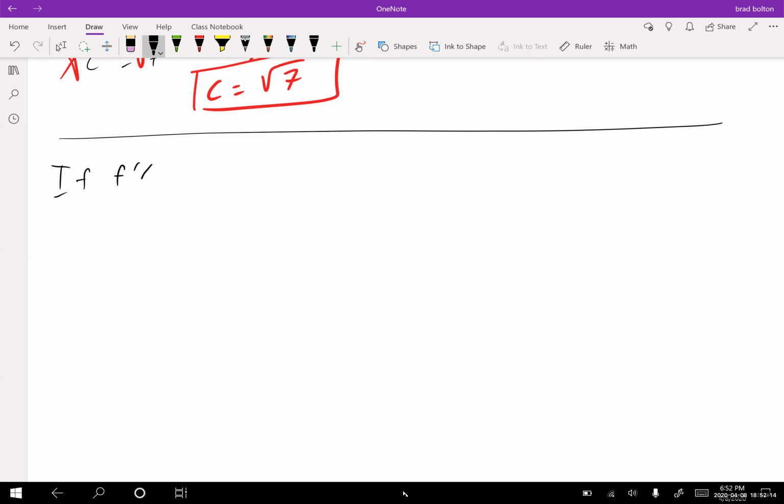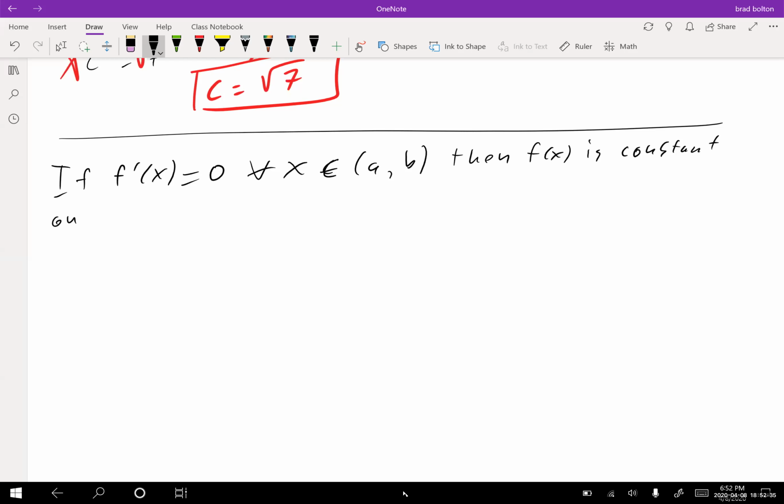If f prime of x equals 0 for all x an element of the open interval AB, then f of x is constant.